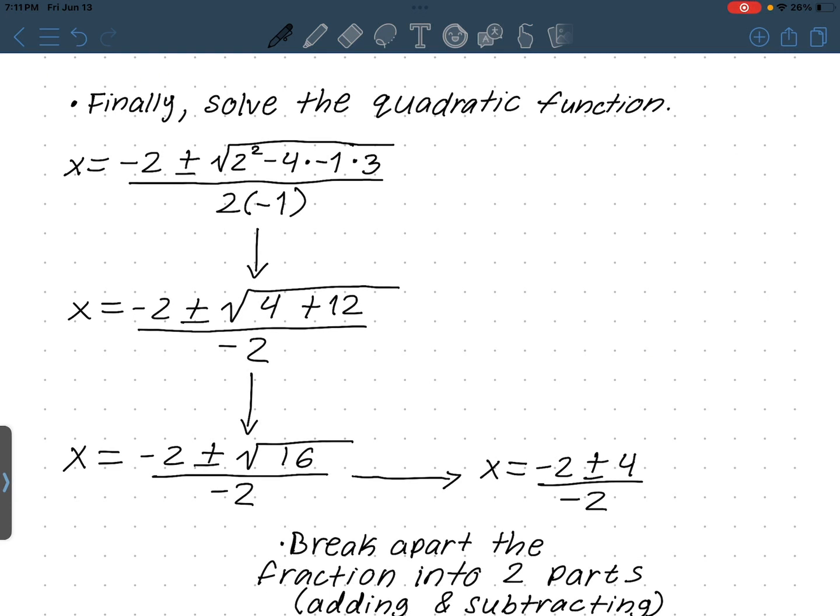And it's going to be 4 because 2 to the power of 2 is equal to 4. And minus 4 is the same as negative 4. So negative 4 times negative 1 is 4, and times 3 is 12. And that's all going to be divided by negative 2 because 2 times negative 1 is a negative 2.